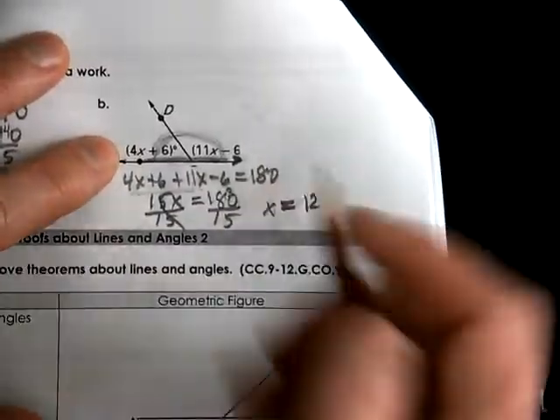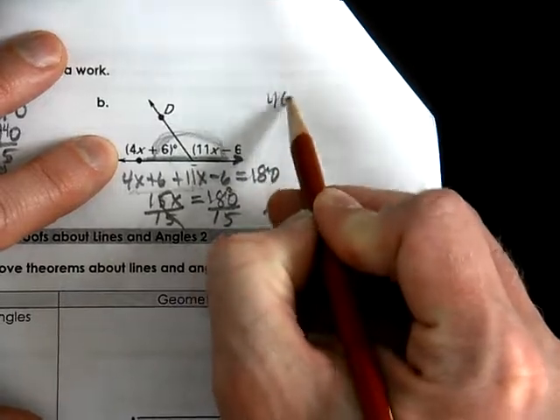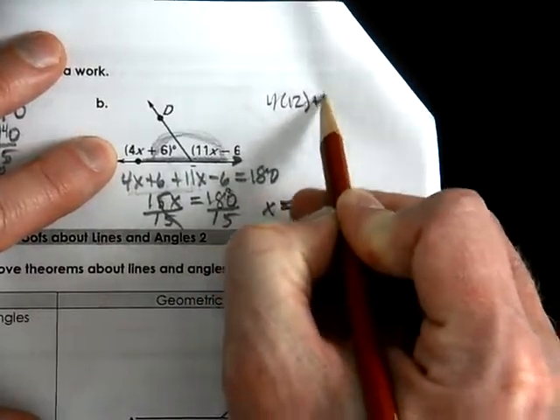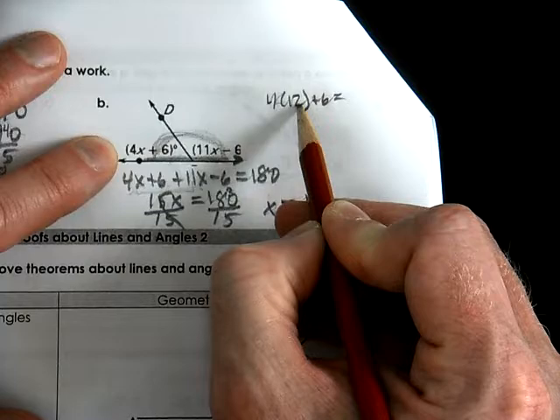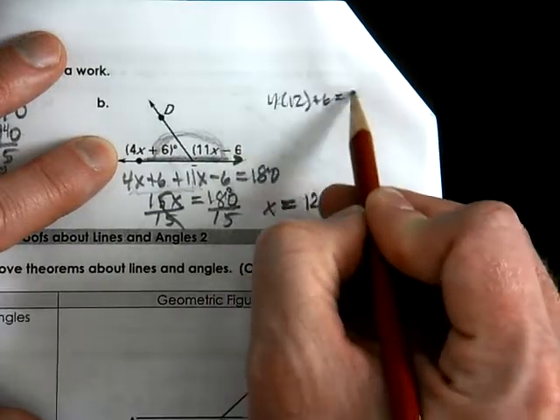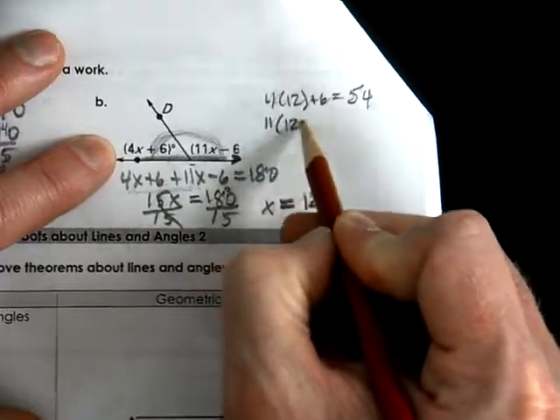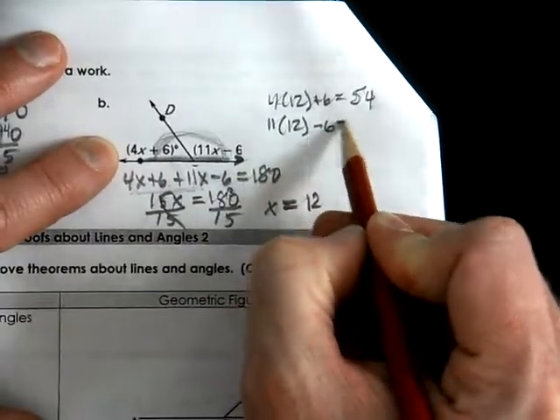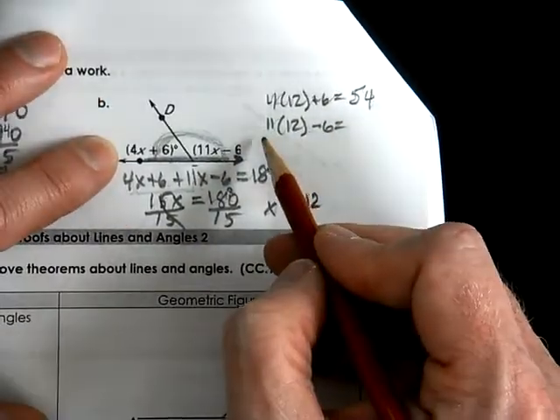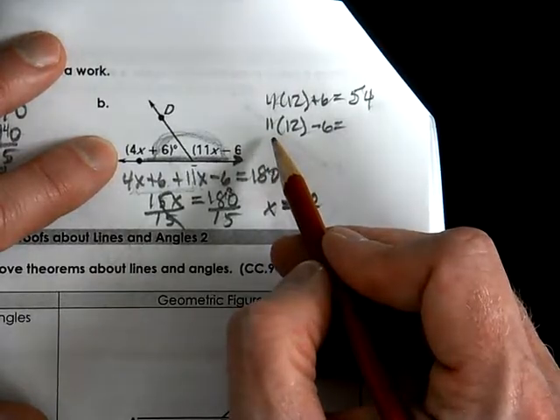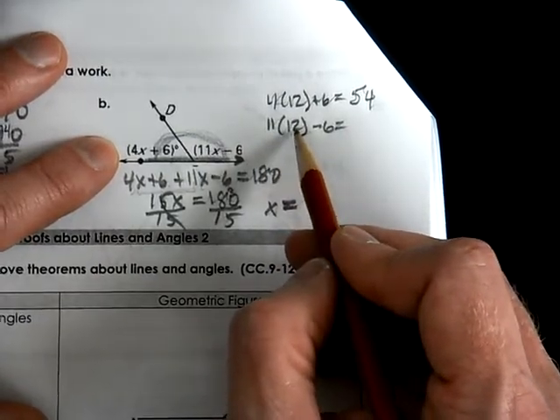So now we can calculate out that 4 times 12 plus 6, that's 48 plus 6, sounds like 54. And 11 times 12 minus 6, that should be 100 and, let's see, 12 times 12 is 144.